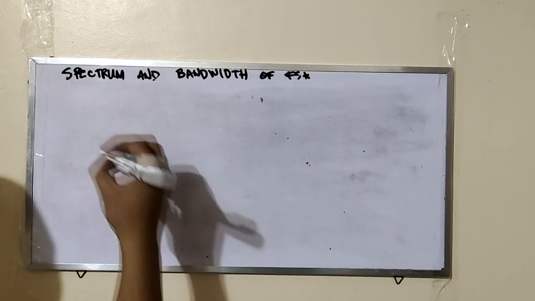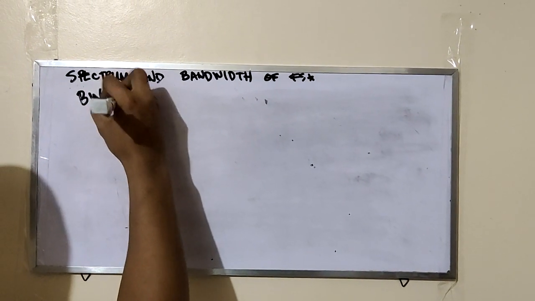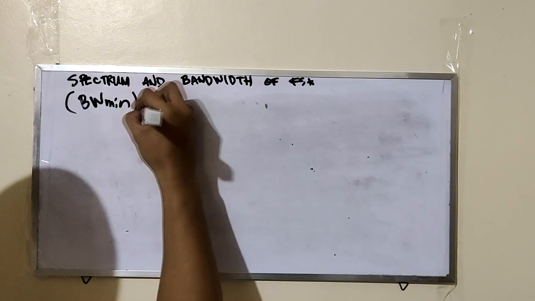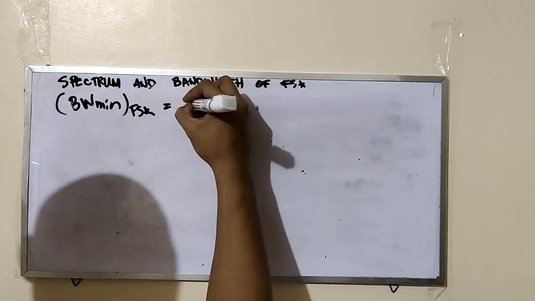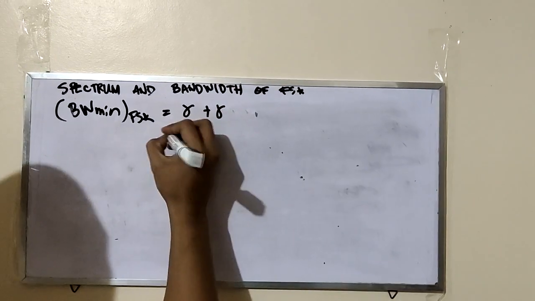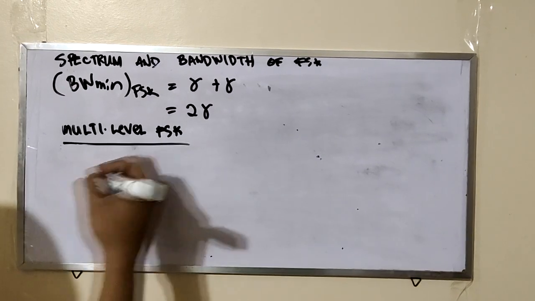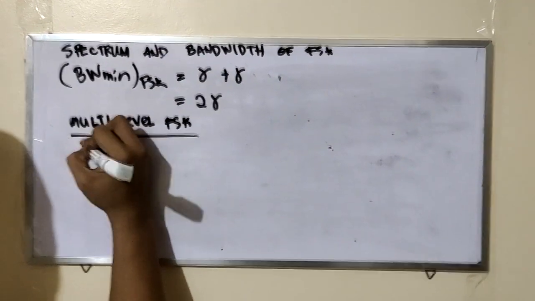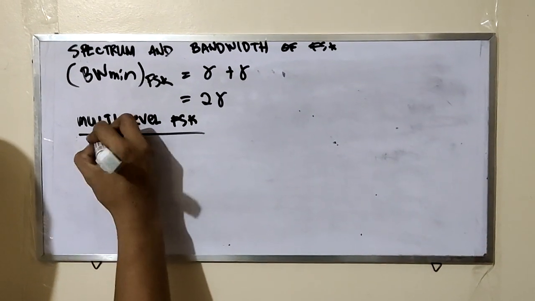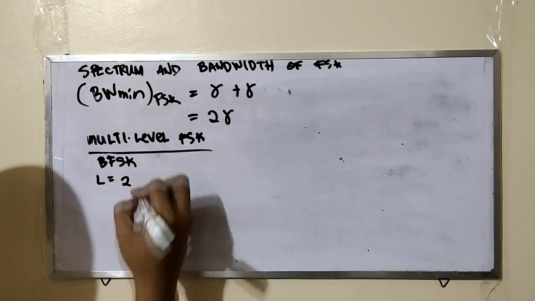So the minimum bandwidth of FSK is equals to R baud rate plus baud rate, which is 2R. Multi-level FSK: in BFSK or binary FSK, we have the level of 2.